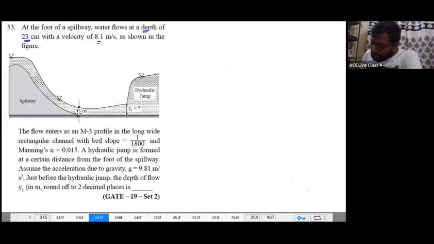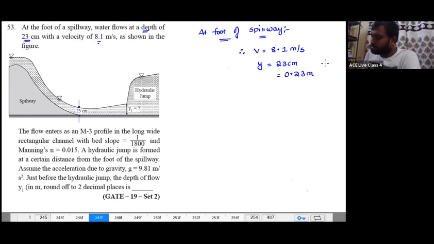So at the foot of the spillway, the velocity is 8.1 meters per second and the depth is 23 centimeters, which is 0.23 meters.